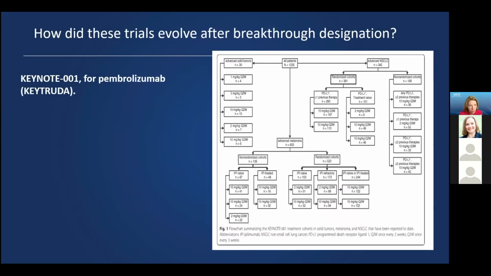So throughout this breakthrough therapy, working with the FDA, it became very clear that the optimal dose finding was still ongoing, with hundreds up to over 1,000 patients at many different dose levels, ranging from what you can see 10 milligrams per kilogram Q2 week, 10 Q3, 2 at Q3, etc., for all these different cohorts, randomized and non-randomized.